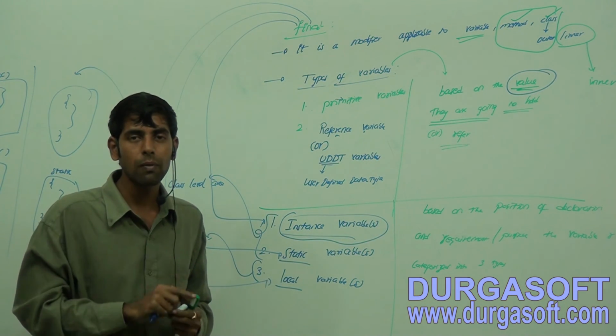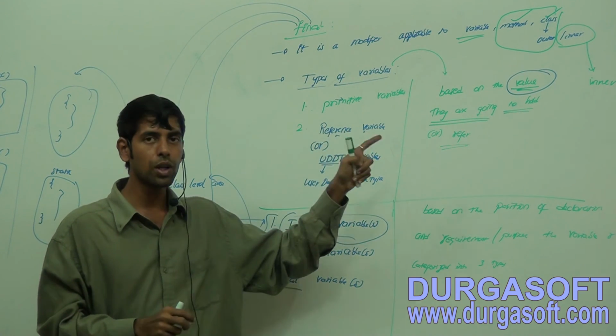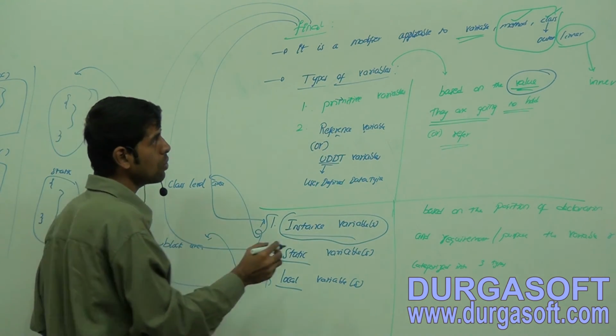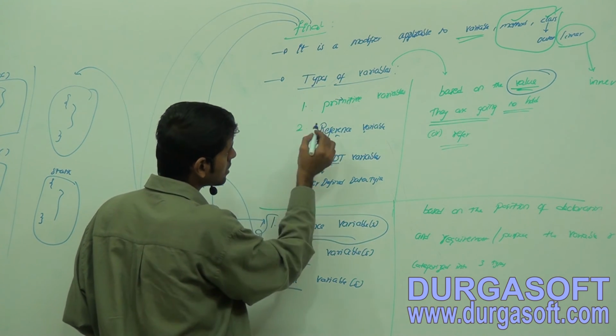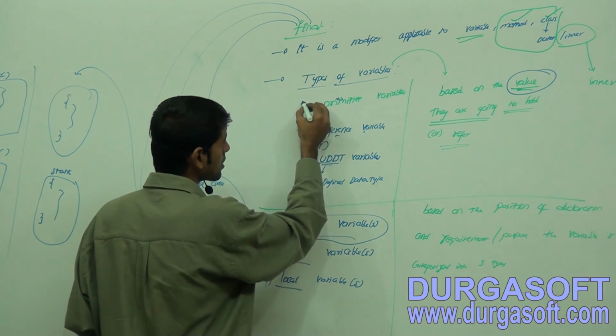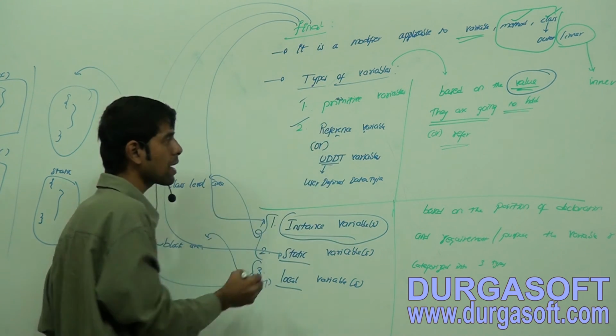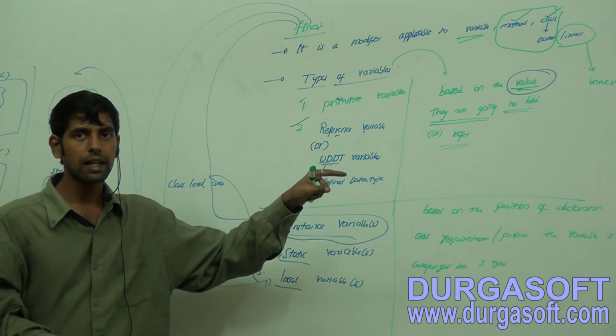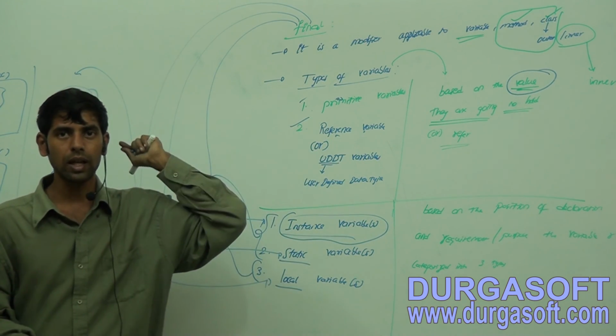Based on the value they have categorized the variables into two types: one is primitive, the other is a reference variable or user defined data type variable.